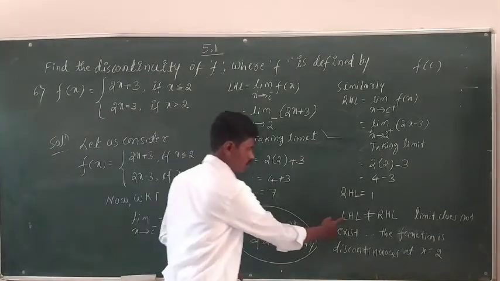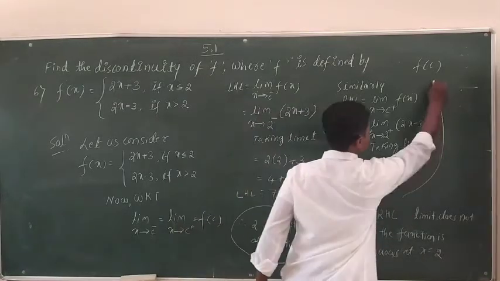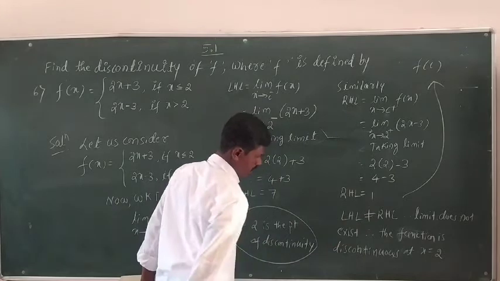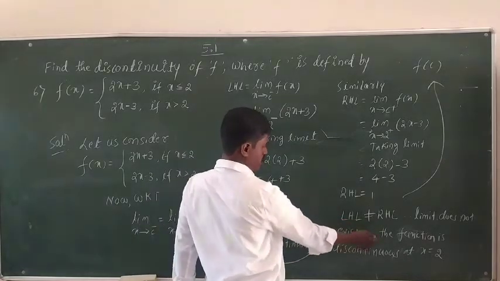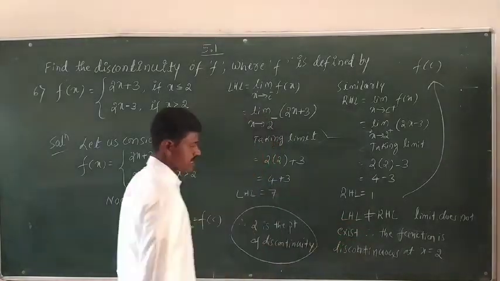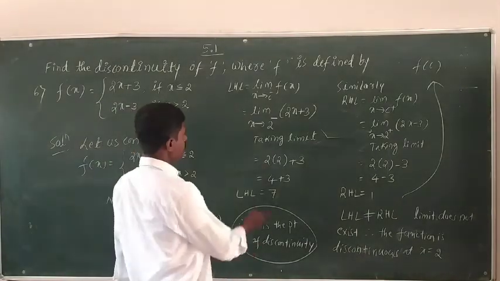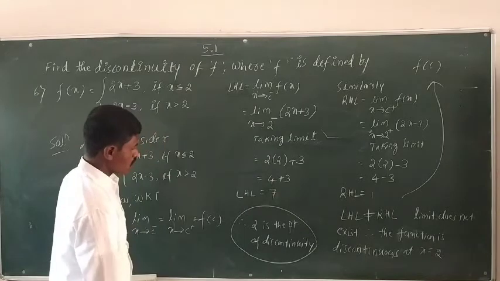If LHL is not equal to RHL, it is not necessary to find f of c. After checking LHL and RHL, if the limit does not exist, then we can easily say that the function is discontinuous. Hence, the point of discontinuity of this function is 2.